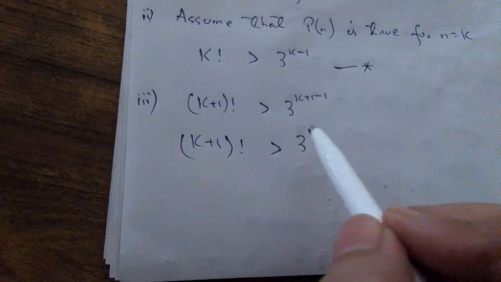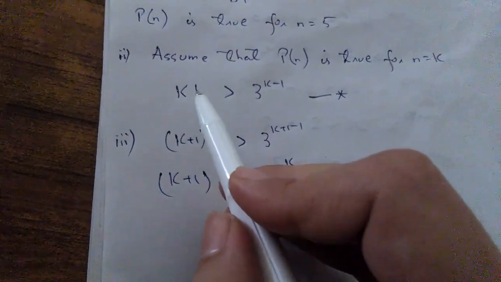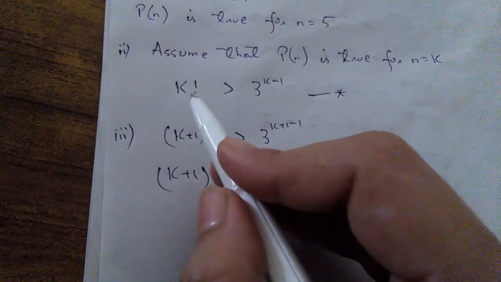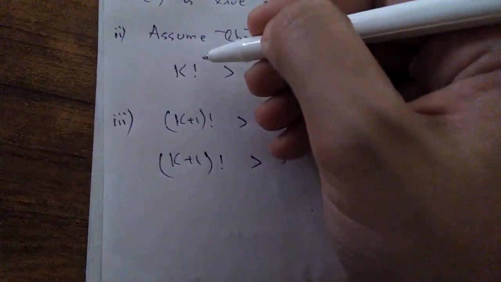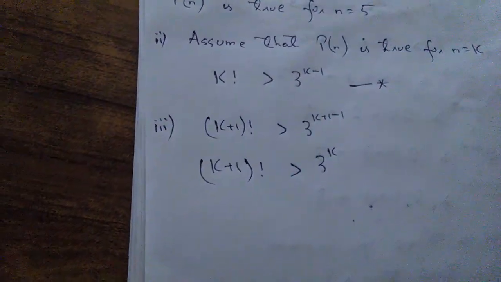So what should I multiply on both sides so that I get k plus 1 factorial on my left hand side? Simply multiply by k plus 1 on both sides. In that case, the left hand side is converted into k plus 1 factorial.